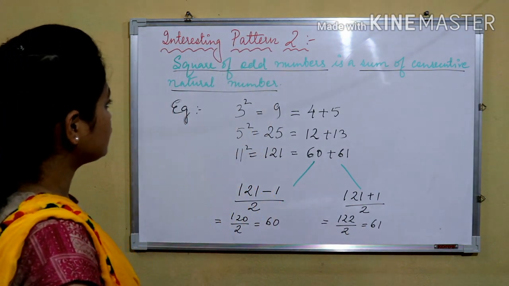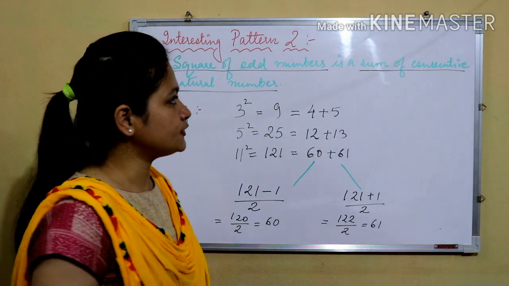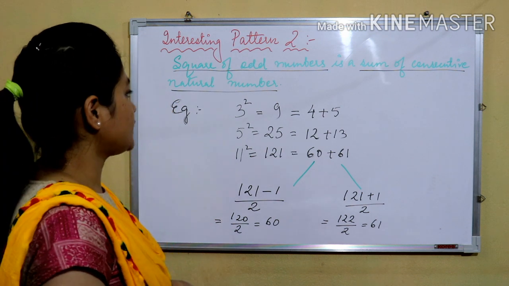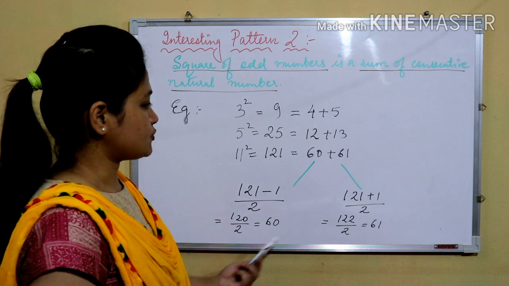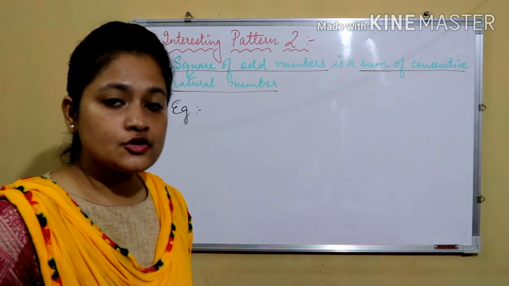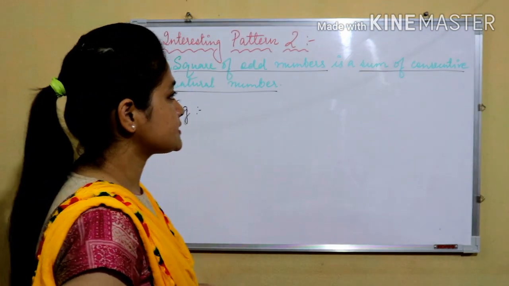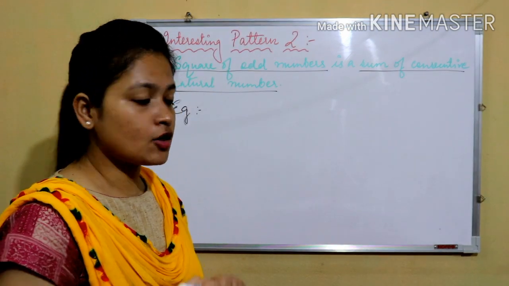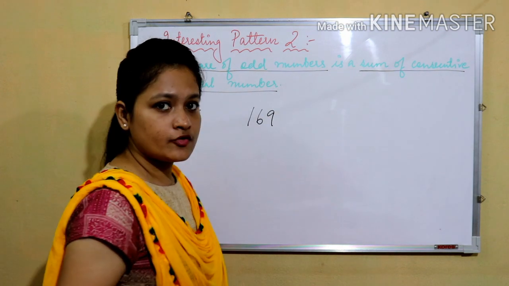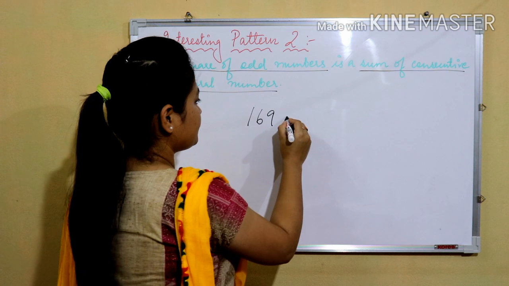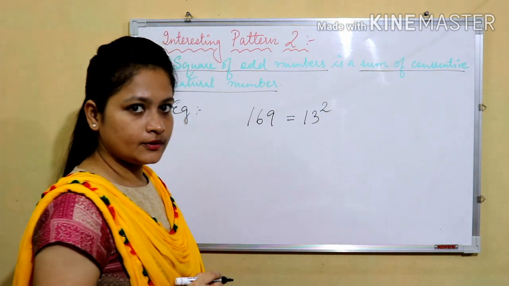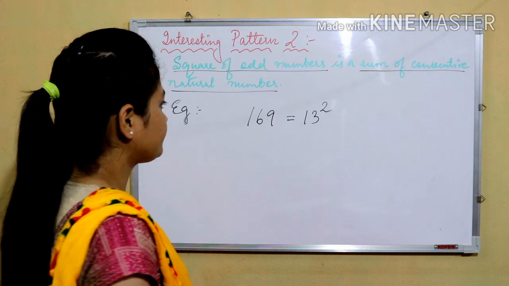So to express the square of an odd number as a sum of consecutive natural numbers, we do it in this way. This is the pattern. Suppose we need to find the consecutive natural numbers that sum to 169. How will we find out? 169 can be written as 13 square.